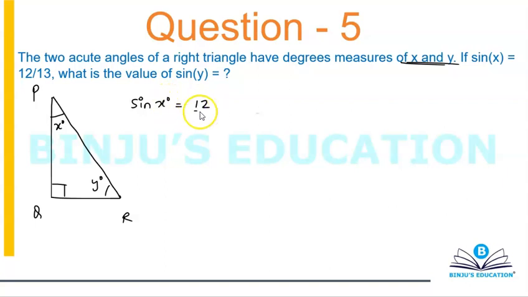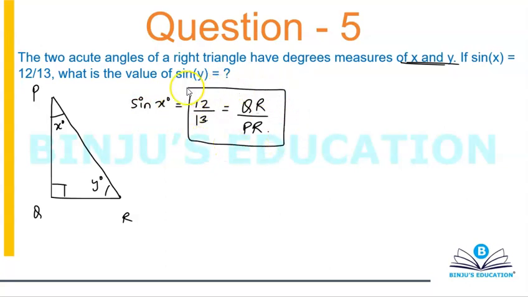is 12 by 13. Now sine of x is 12 by 13, which means this is equal to QR divided by PR. So QR by PR is 12 by 13. Now remember that this is a ratio.